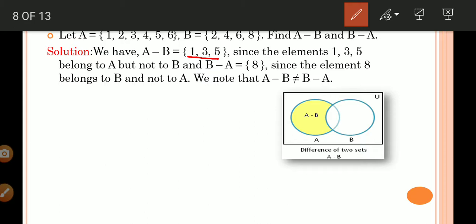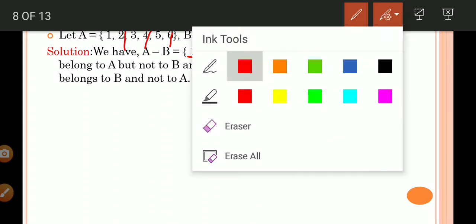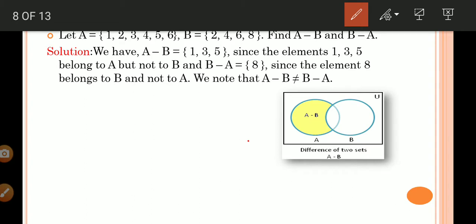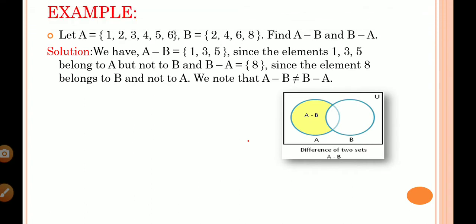2, 4, 6 are present in B, so they vanish. The remaining A minus B is 1, 3, 5. If I ask what is B minus A, what will you write?